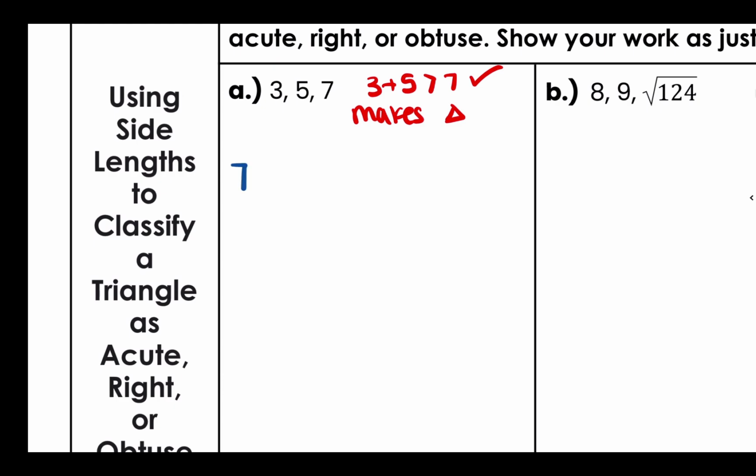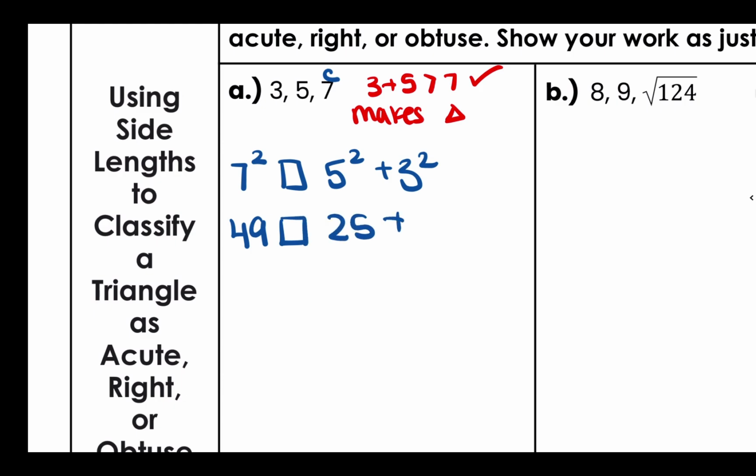Now we can do 7 squared and compare it to 5 squared plus 3 squared, because this is our C. So 49, comparing it to 25 plus 9. 25 plus 9 ends up being 34. So 49 is greater than 34, so this is obtuse.